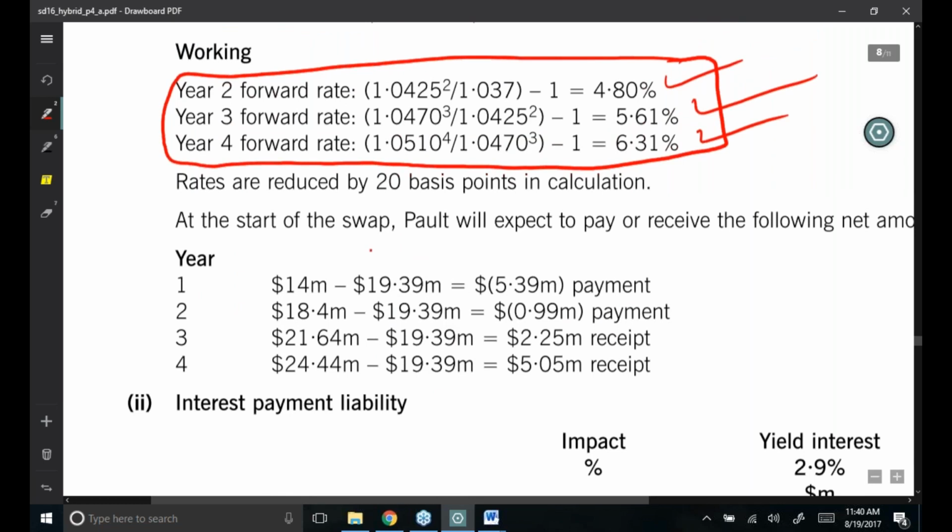What is a swap structure? You will pay fixed. How are you going to calculate that? 400 million into 4.847. It's the same entirely in the 4-year time period. And what is this? The floating.